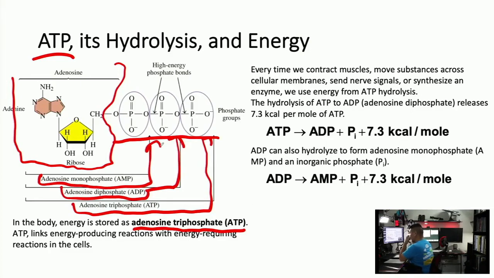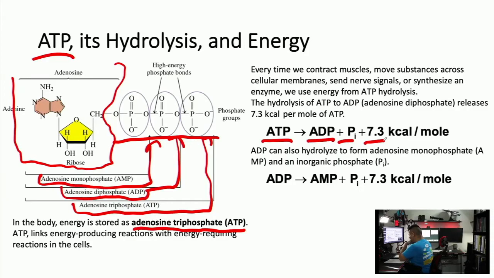So you can store a lot of energy in ATP. When you hydrolyze ATP and make it ADP with an inorganic phosphate floating around, you gain 7.3 kilocalories of energy per mole.